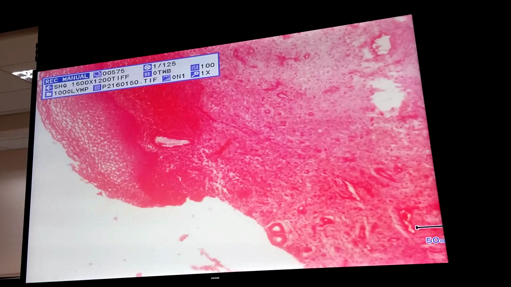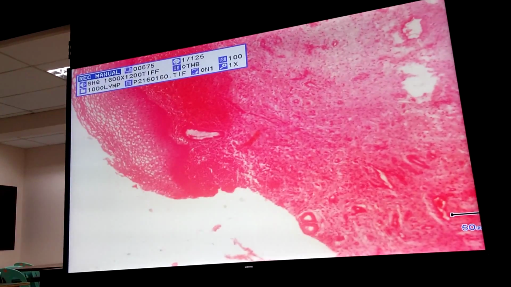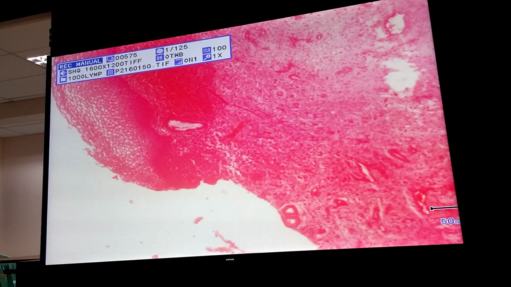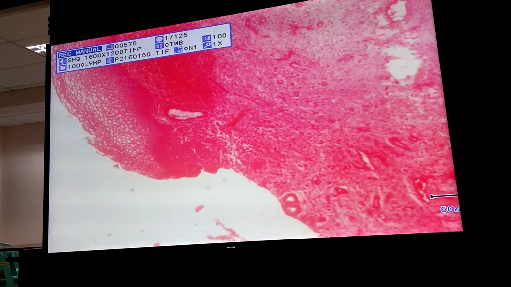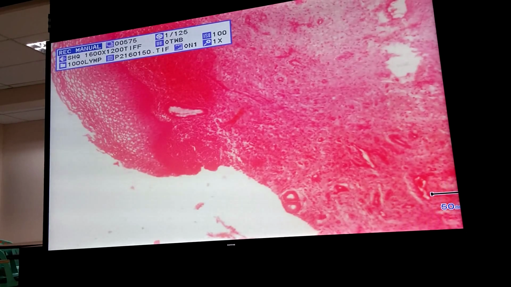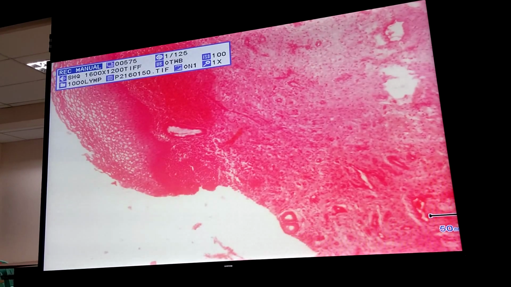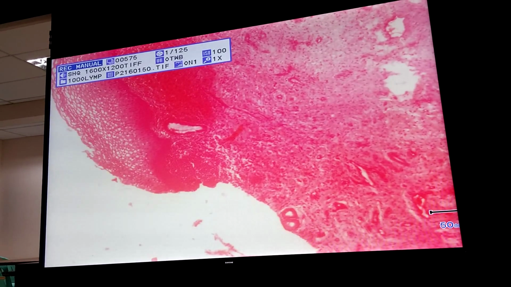So the cervix is easily identified because you will be able to see two types of epithelium. Stratified squamous in the exocervix, and then in the endocervix, simple columnar, mucus-secreting epithelium.